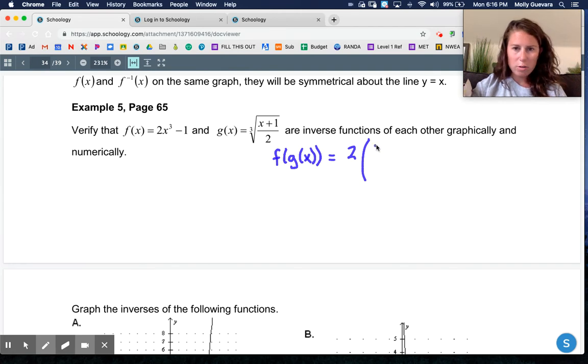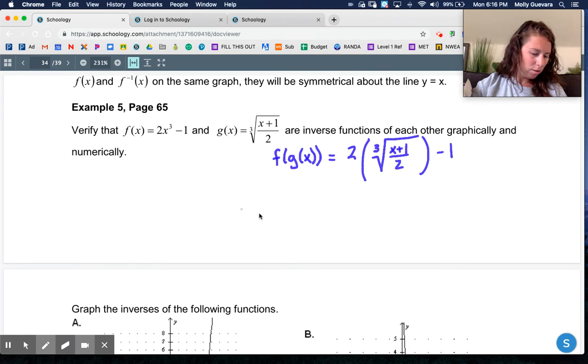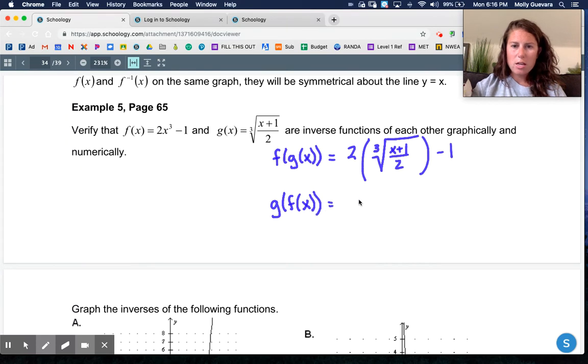The cube root of x plus 1 over 2, minus 1. Okay, and then the other direction, when I plug f into g, I get the cube root of 2x cubed minus 1 plus 1 over 2.